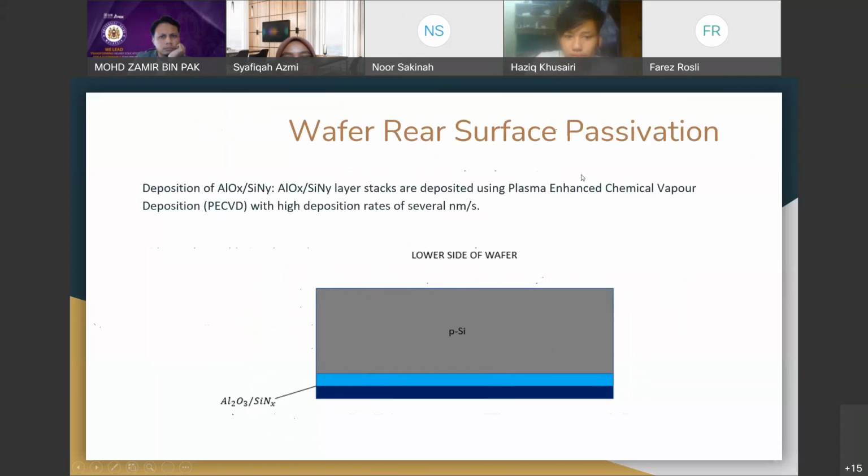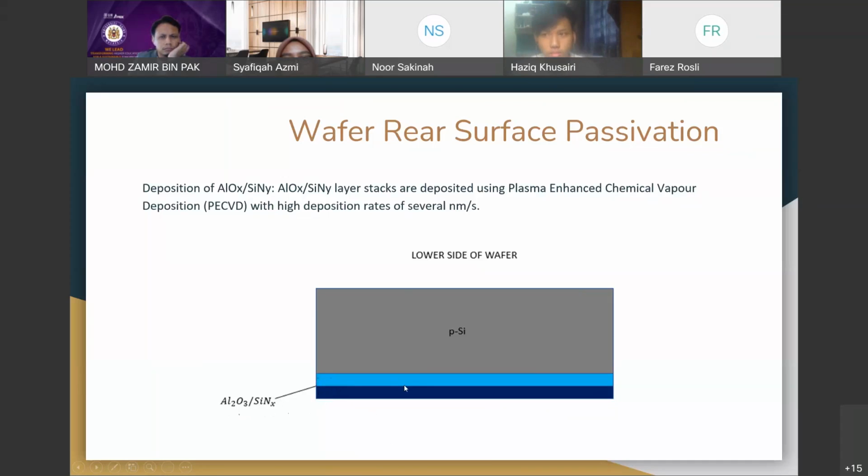Then finally, most of the current companies have started to use a mix of these two, aluminum trioxide and silicon nitride together, to improve the dielectric properties, and also act as a passivation layer.